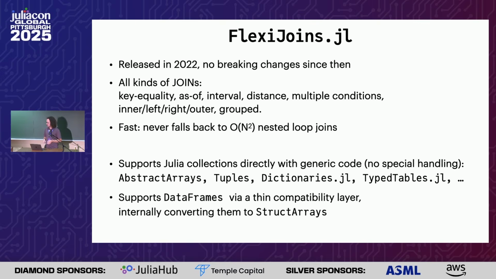Dictionaries, TypedTables.jl, and anything else that supports a collection interface. I personally don't use DataFrames, but I got a few feature requests, several people requesting this compatibility several years ago. So I added it, as a compatibility layer, because DataFrames don't support the general collection interface. It's basically 10 lines of code to convert them to struct arrays and convert the result back.